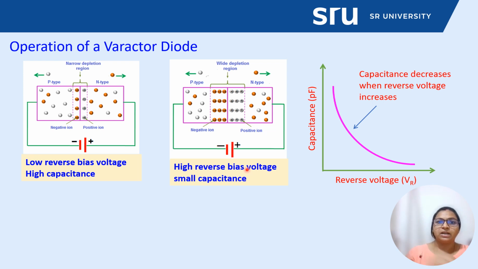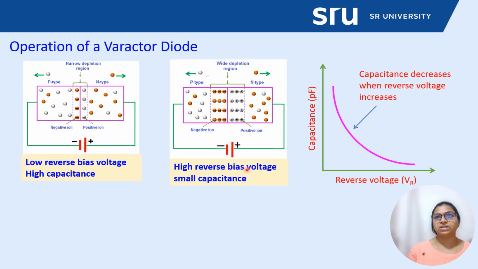Thus, an increase in reverse bias voltage increases the width of the depletion region and decreases the capacitance of the Varactor diode. The decrease in capacitance means a decrease in the storing of charge, or storage charge. So the reverse bias voltage should be kept at a minimum to achieve large storage charge.